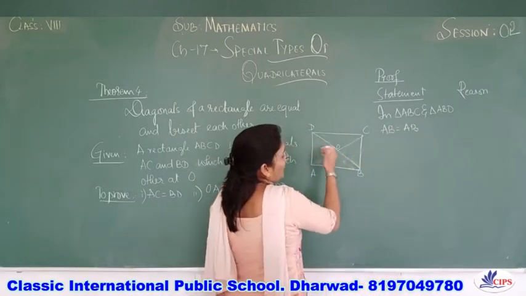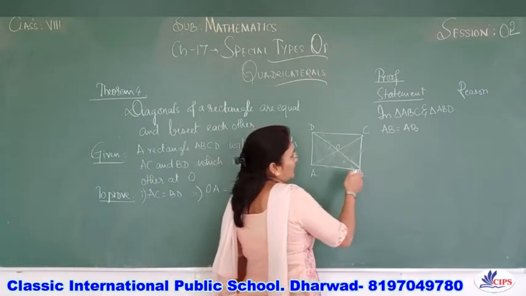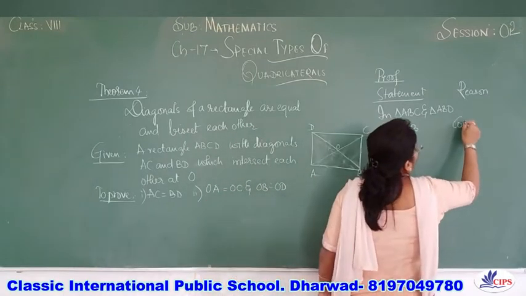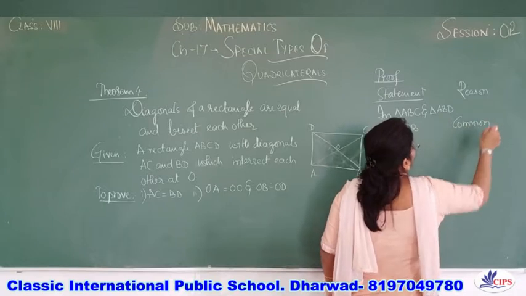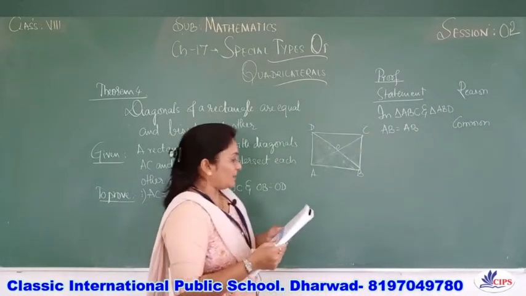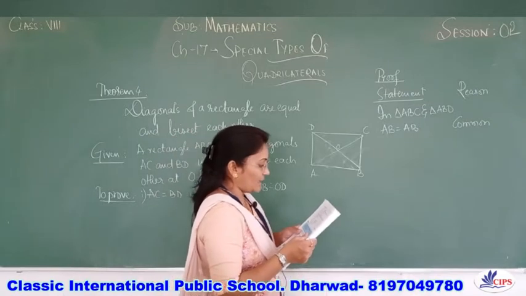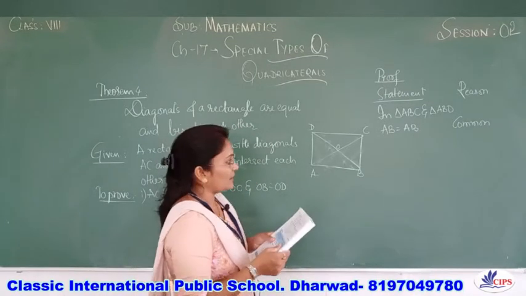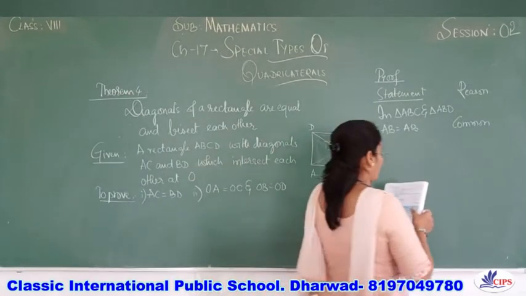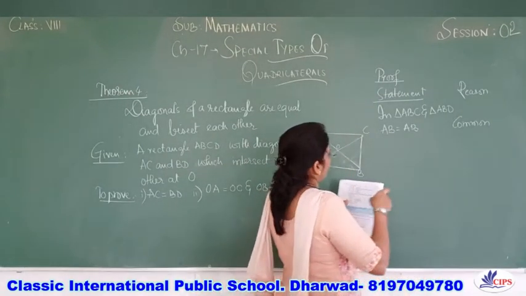Both the triangles are standing on AB, that will be your common side. Next, BC is equal to AD. BC is equal to AD because opposite sides of a rectangle are equal.